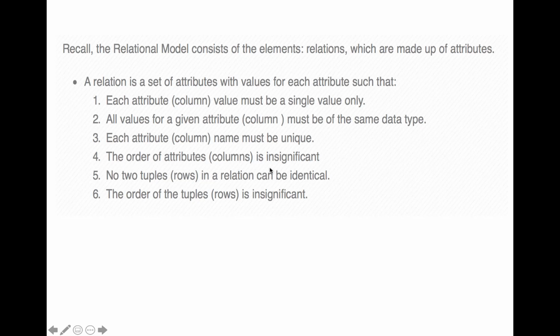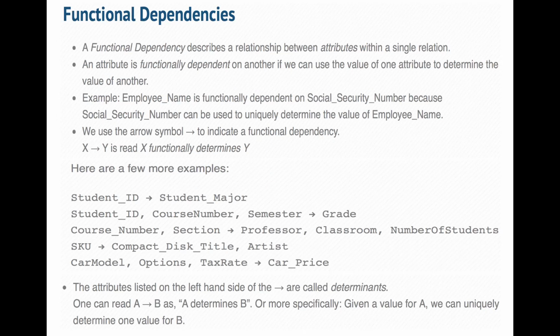The order of attributes is insignificant, which means that whether it's the first column or the last column, it's not of any importance. No two tuples, no two rows in a relation, can be identical, so each row should be different from the other. And also the order of these rows is insignificant. These points you already know, and they're innate to you by now.